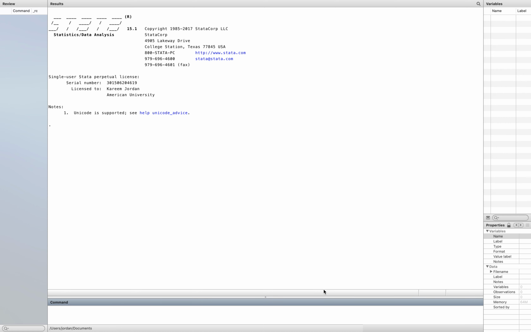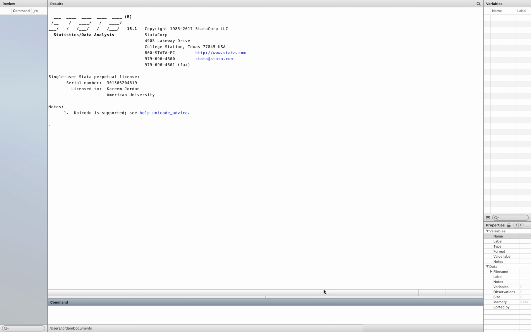So first, let's talk about what a count model is. If the outcome of your model is a count, then you have to figure out what's the appropriate count model to do. There are several count models that we're going to talk about: negative binomial, zero truncated, zero inflated, and zero inflated negative binomial.